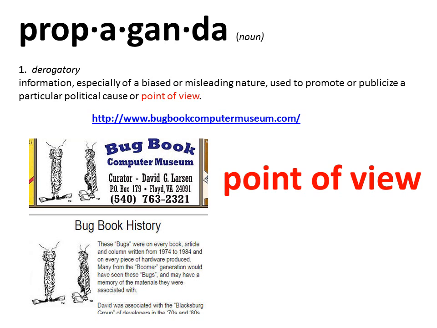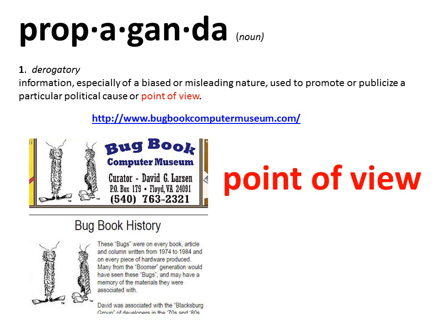It's information used to promote or publicize a particular political cause or point of view. Well, point of view is what I'm talking about. And I offer an example of a point of view. You will find this example at the web page shown in light blue.